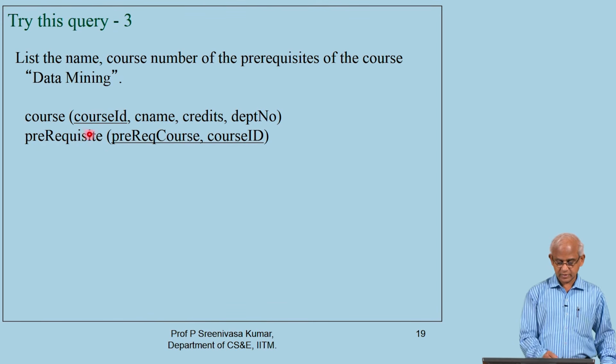So, it basically has two attributes stating that the first attribute is a prerequisite for the second mentioned course number. So, both are actually course numbers. So, this course number mentioned in the first column is a prerequisite of the course that is mentioned in the second column, and notice that a course can have multiple prerequisites. So, let us see how to formulate this query.